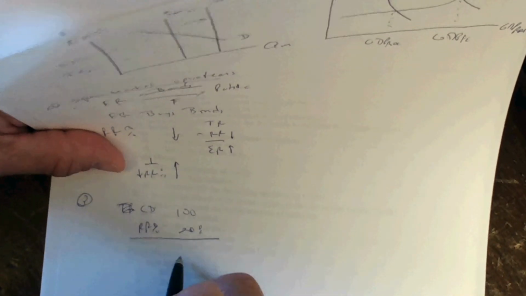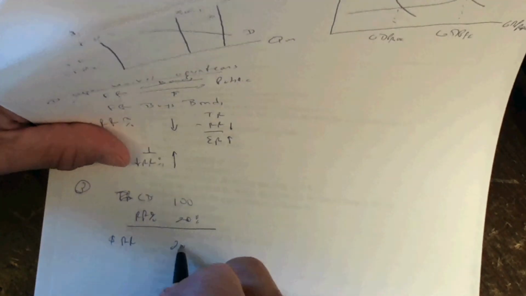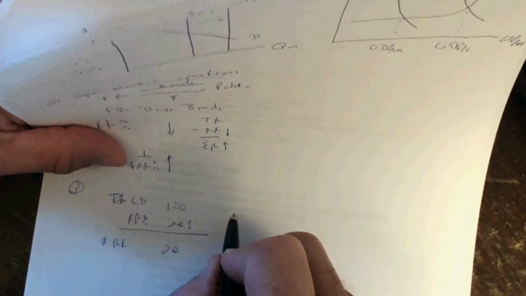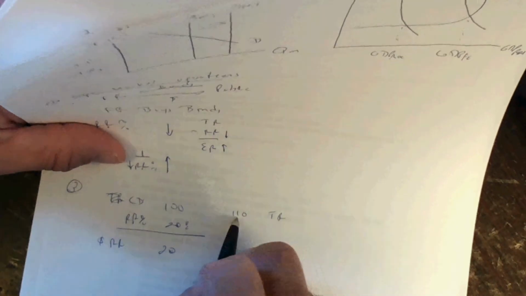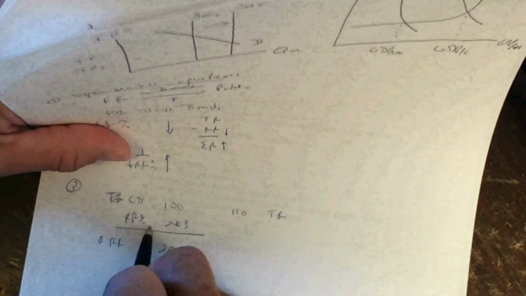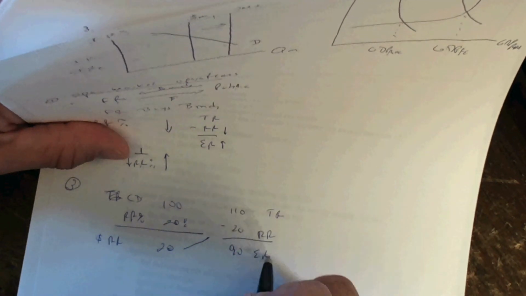The bank would have to keep $20 in required reserves. Let's say the bank had 110 in total reserves. Maybe 10 of that is owner's equity and is not subject to required reserves. You subtract the $20 that would be required reserves, and the bank could loan out excess reserves of 90.